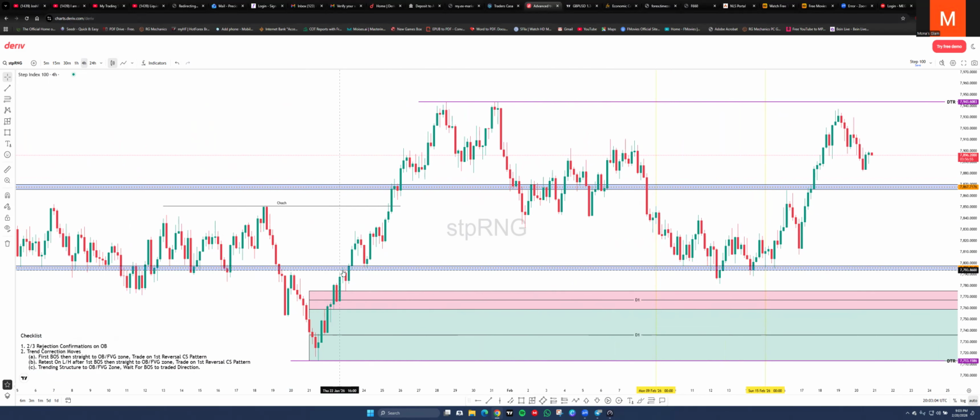So in 4 hours, we had this position here, this order block here, and there's no fair value gap yet, except for this one here. Yeah, there's a fair value gap here, but it's actually inside another order block area, right?